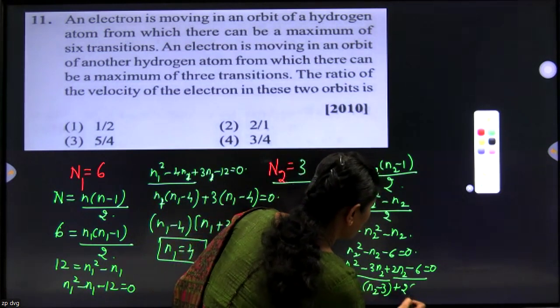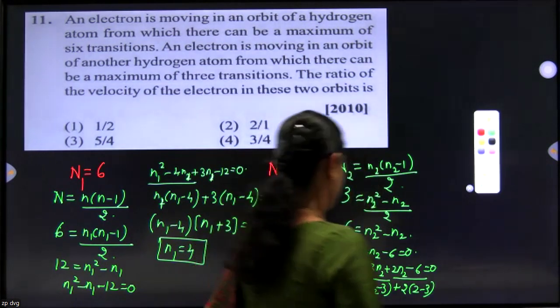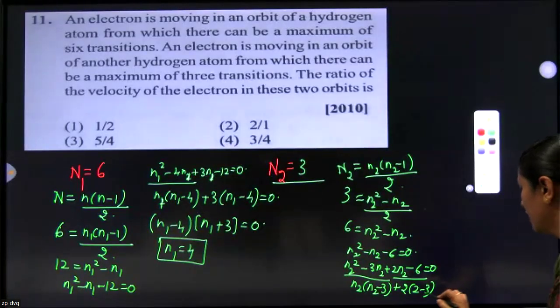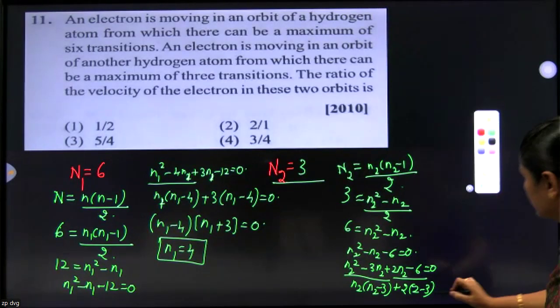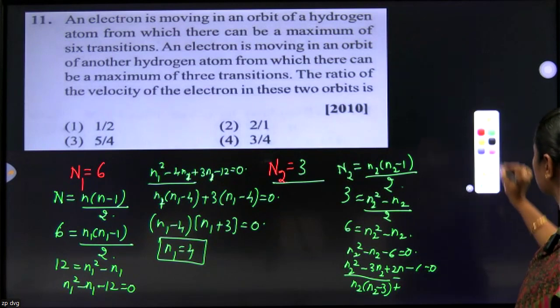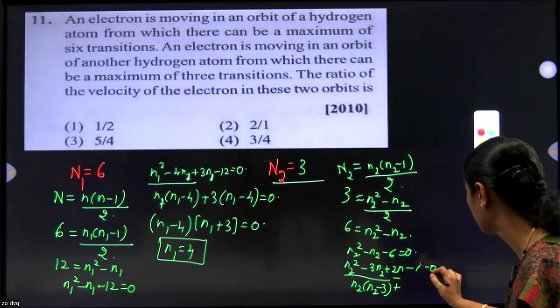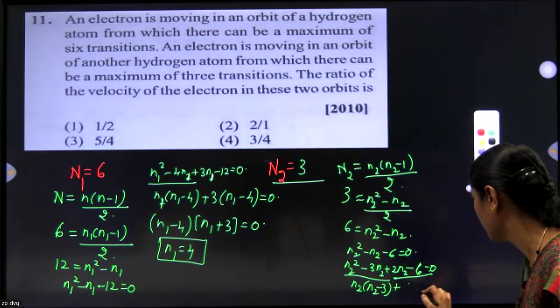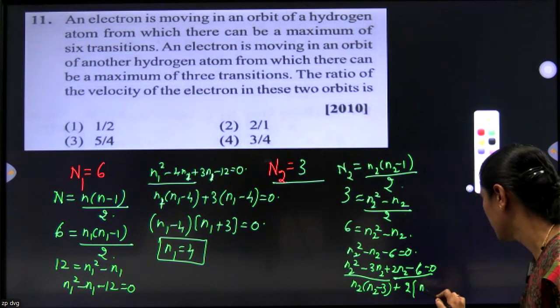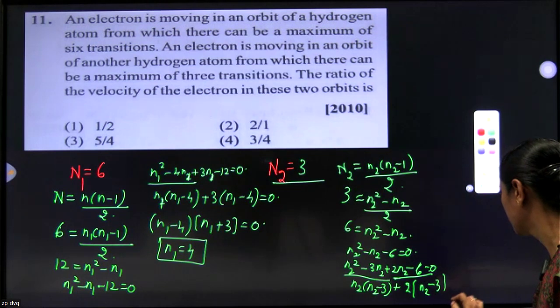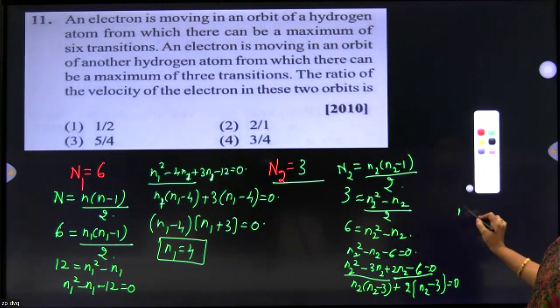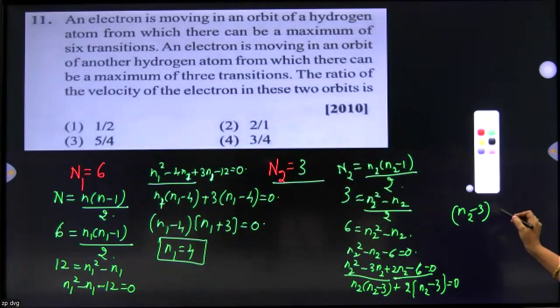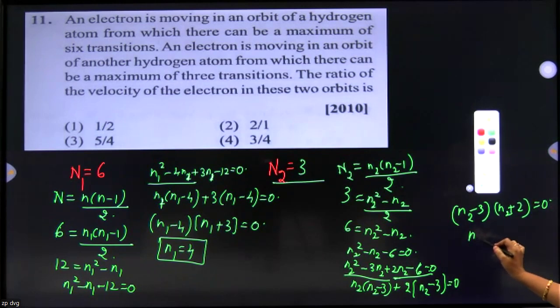Here n2 minus 3 is common, so (n2 minus 3) into (n2 plus 2) equal to 0. Taking positive values, n2 equal to 3.